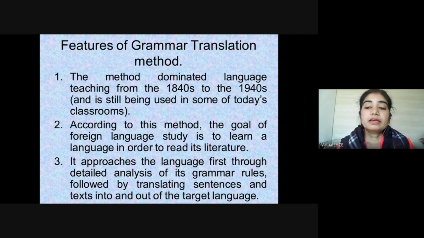When you are speaking your mother tongue, are you aware of the definitions of it? Did you learn the definition first of your mother tongue? What are nouns? What are pronouns? First, the definitions are to be learned through this method. Then the students are taught the translation. So this is not the correct method, in which the definitions are learnt.